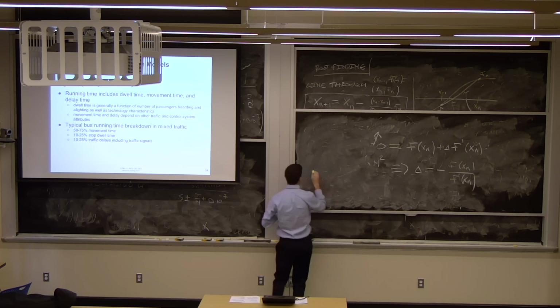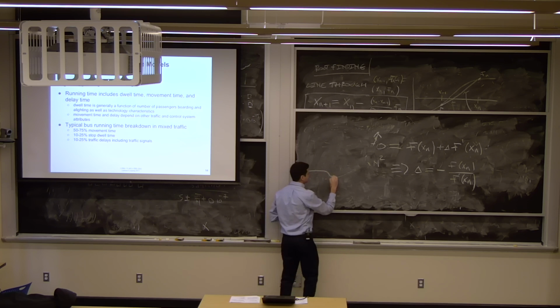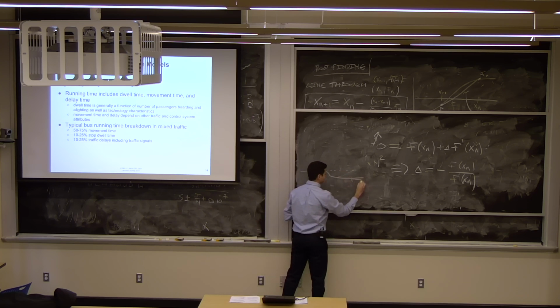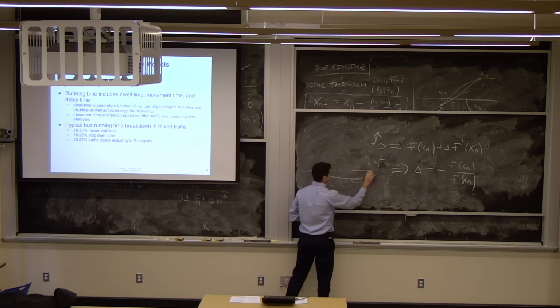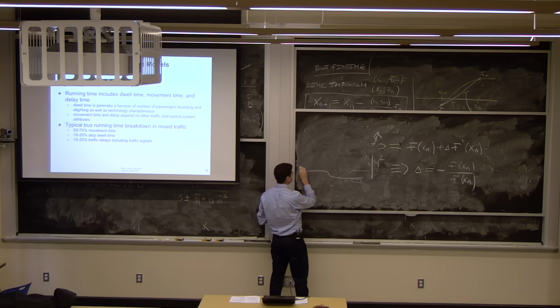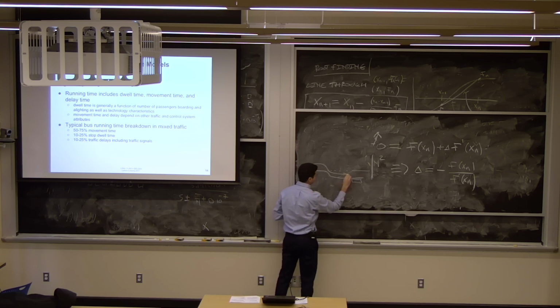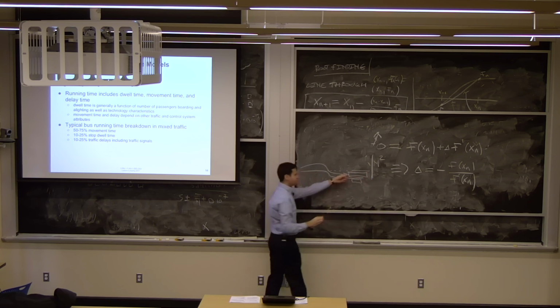So one example is a bus bay. This is a bus stop right here, and maybe this is an intersection. The bus comes in here and is waiting there.